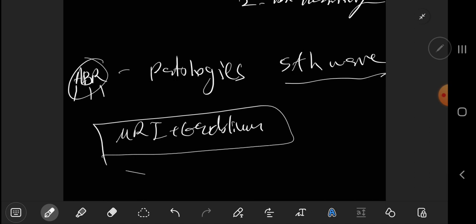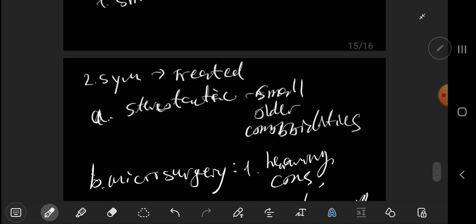Acoustic decay we said, ABR we said, MRI as we said, and remember that it is also a lesion in the brain, a tumor in the brain, so it can also cause compressions. I said compression of the 8th cranial nerve, but don't forget compression of the brain and neurological symptoms, so look for neurological symptoms as well.